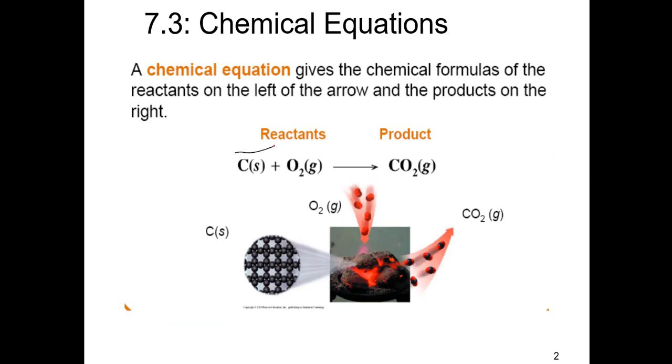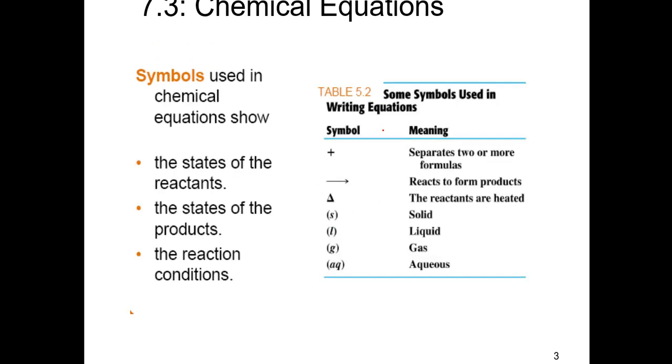Here's carbon and oxygen in a chemical reaction, forming carbon dioxide. As far as counting the number of atoms, there's 1 carbon, and over here on the product side, there's 1 carbon. There's 2 oxygen and 2 oxygen, so this one is actually balanced to begin with.